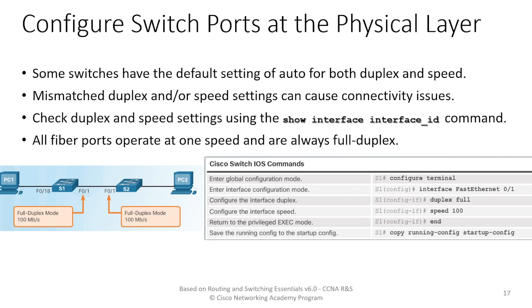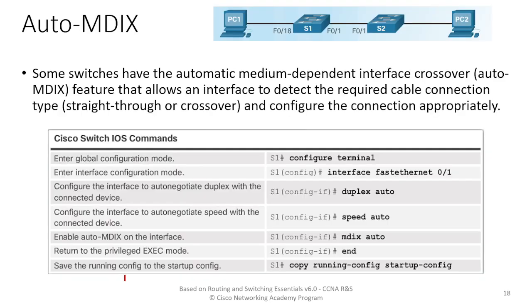Again, this may not be necessary in all scenarios, but if we have certain mismatched speeds between two switches interconnecting and they are not able to negotiate those things for some reason, we can configure those as well. But in most cases these days, we have what is known as auto MDIX, which will be able to do these.